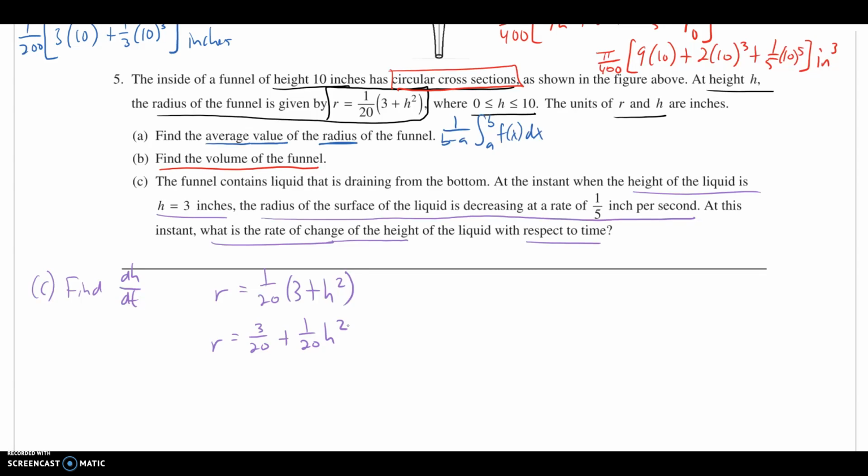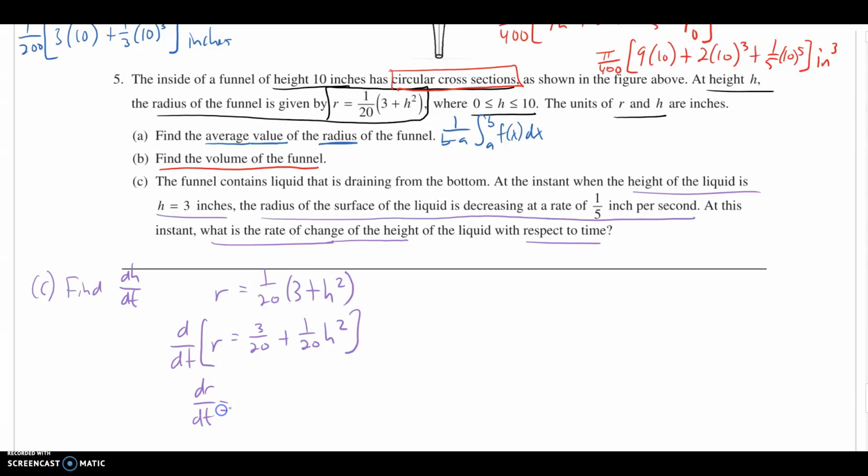If I'm going to get dh/dt, I'm going to have to differentiate this. And it's going to be a little bit easier for me to just visually look at the differentiation if I have this as just 2 terms, instead of possibly confusing myself with this constant times this little expression in parentheses. Because in order to get our dh/dt into the problem, we have to differentiate this equation with respect to time.